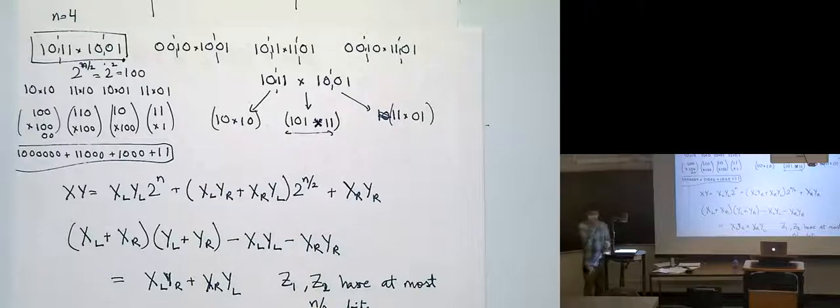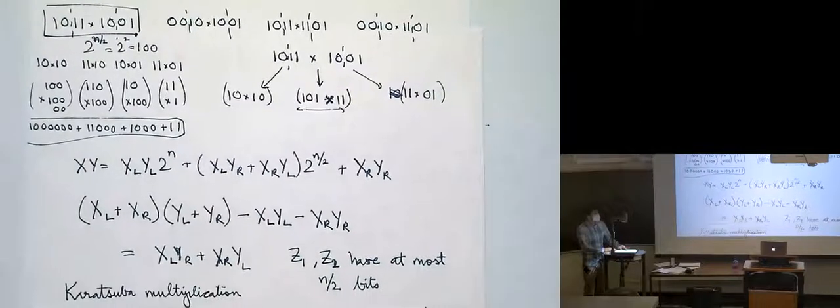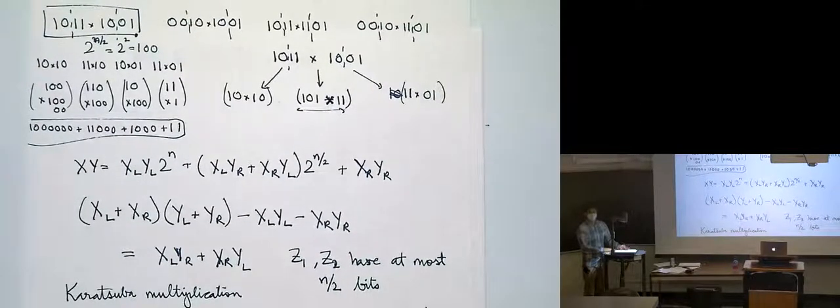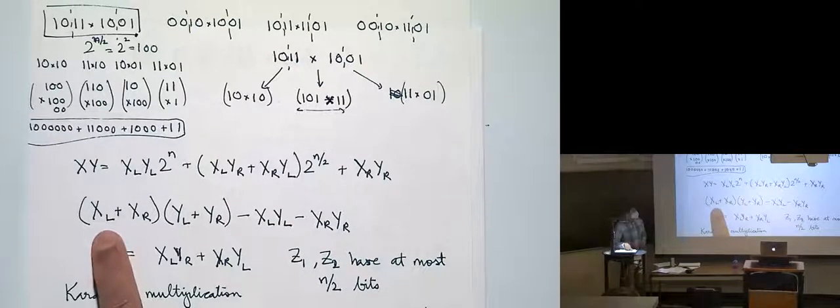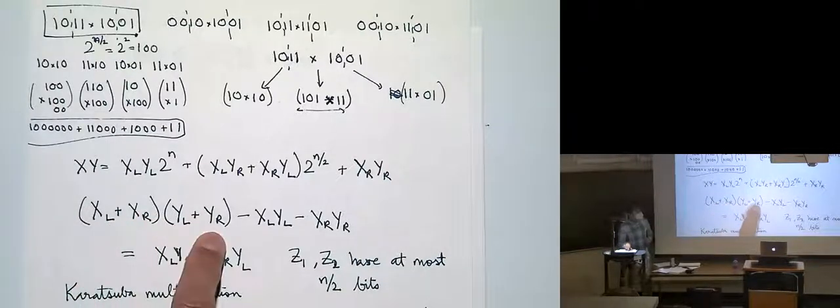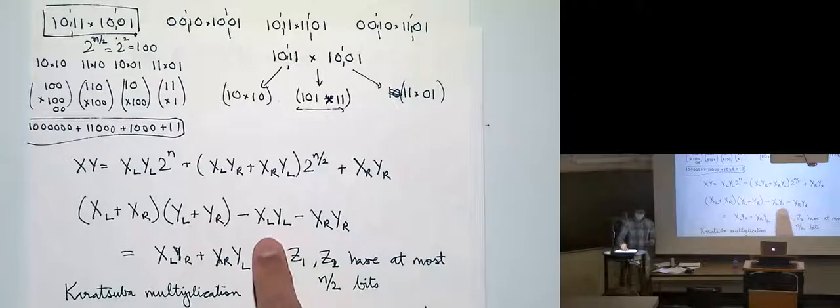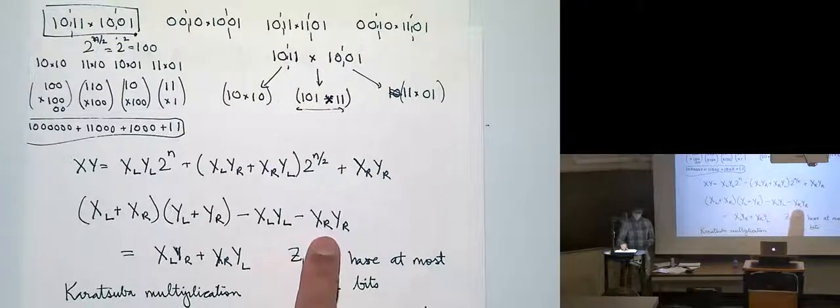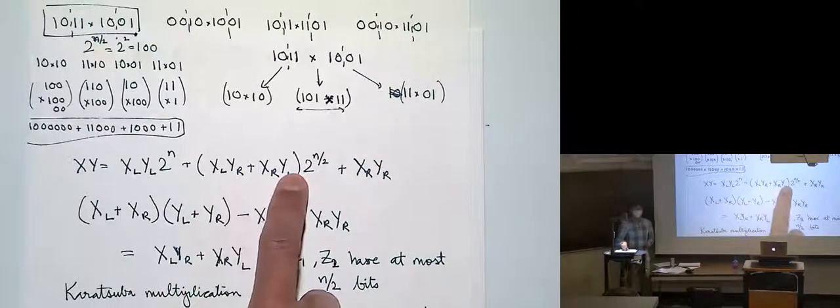So Karatsuba's observation is that you can do it with three multiplications, except you now have to be clever about what multiplications you choose. So if you compute xl plus xr times yl plus yr, and you subtract out xlyl and xryr, then you get exactly xlyr plus xryl, which is that middle term.